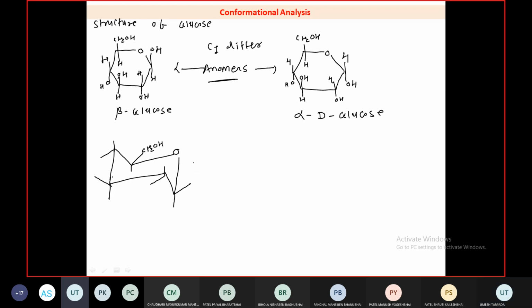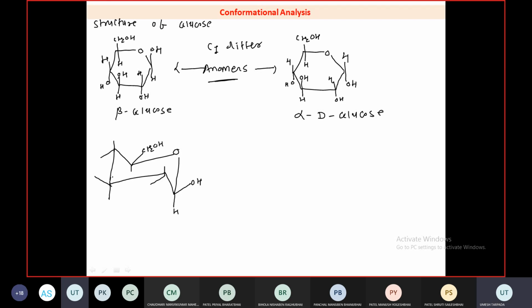Now, what happens if you have an OH group above the plane? Whatever groups are above the plane, you can put into equatorial position, and those which are below the plane are in axial position. So the OH group above the plane is here, and here hydrogen.